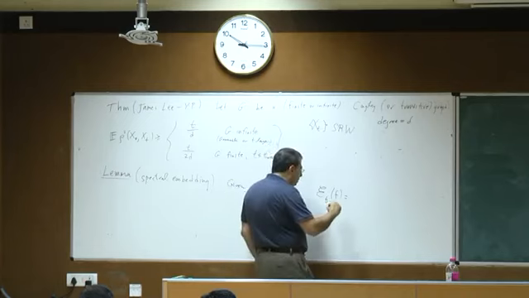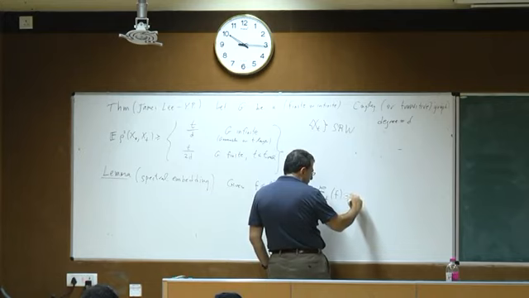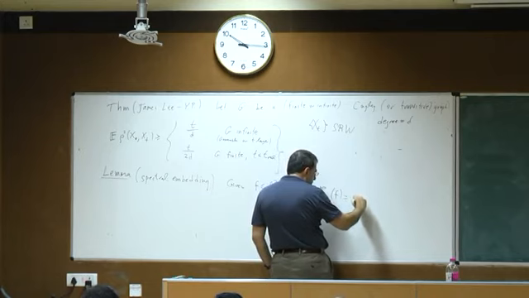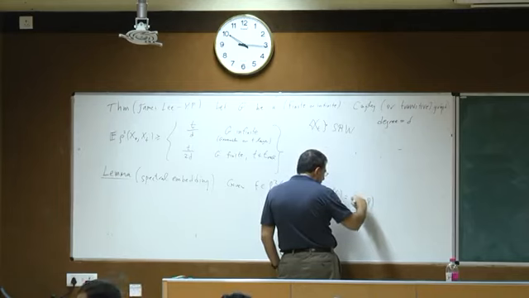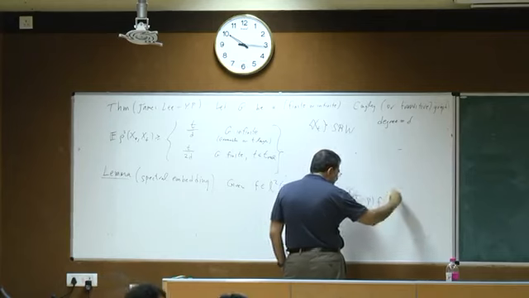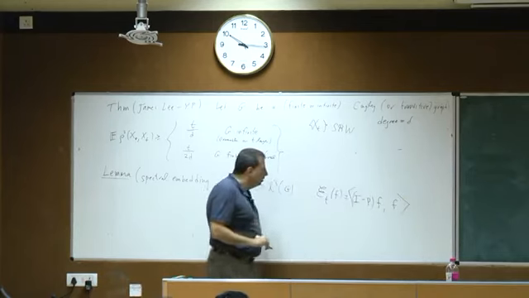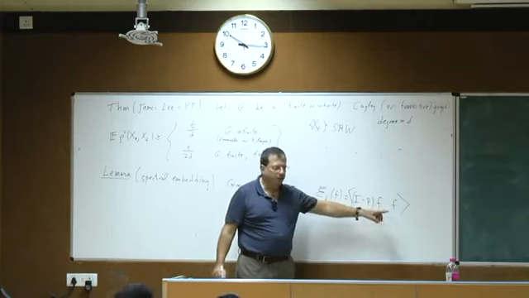It has two equivalent definitions. P is our transition matrix. It is the inner product of (I minus P^t) f with f.